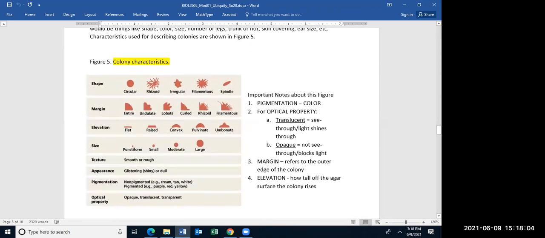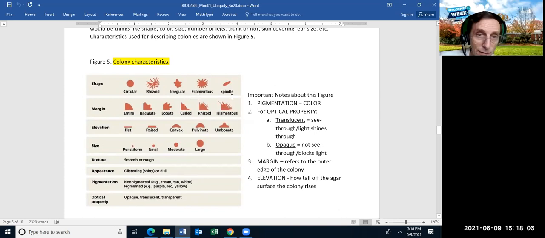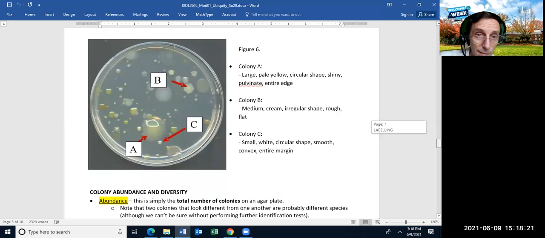That is not circular. Neither is that, or that. Bacteria can be any of these shapes. The most common are circular or irregular. The others are uncommon. That is irregular. This colony, let me blow it up.